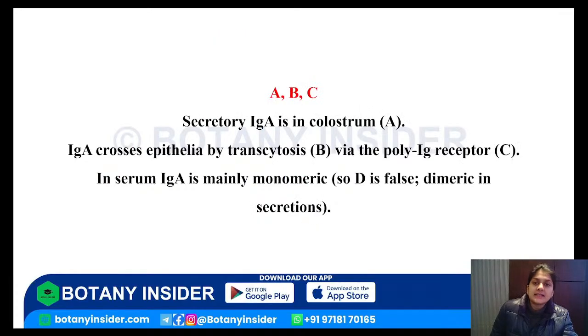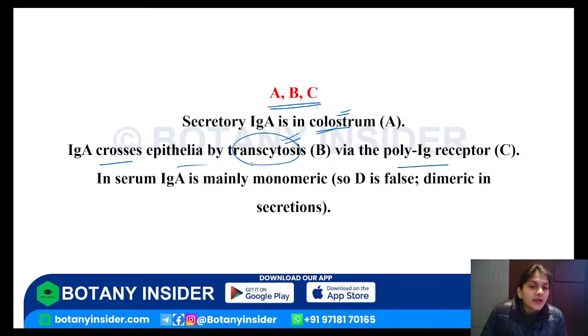Very good. Immunoglobulin A is secreted in colostrum and crosses the epithelia by transcytosis via a poly Ig receptor. So A, B, C, all three are correct. In the serum, IgA is mainly monomeric. Dimeric in secretion is the wrong statement.